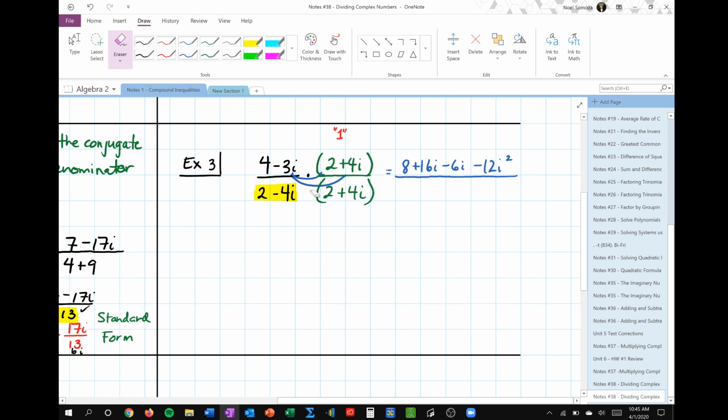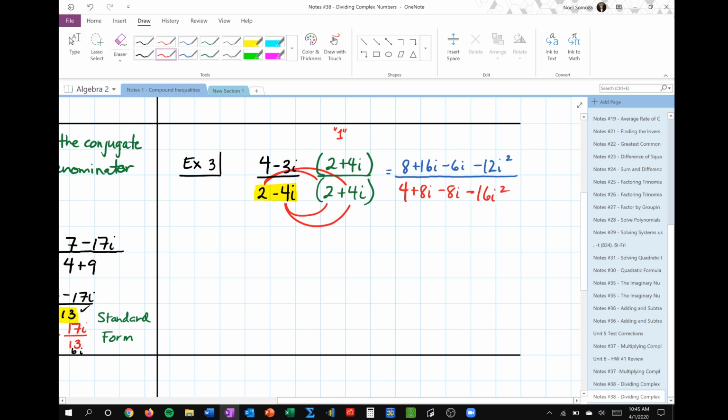Let me erase these. All right, let's FOIL. 2 times 2, 4. 2 times 4i, positive 8i. Negative 4i times 2, negative 8i. And then negative 4i times 4i, it would be a negative 16i squared.